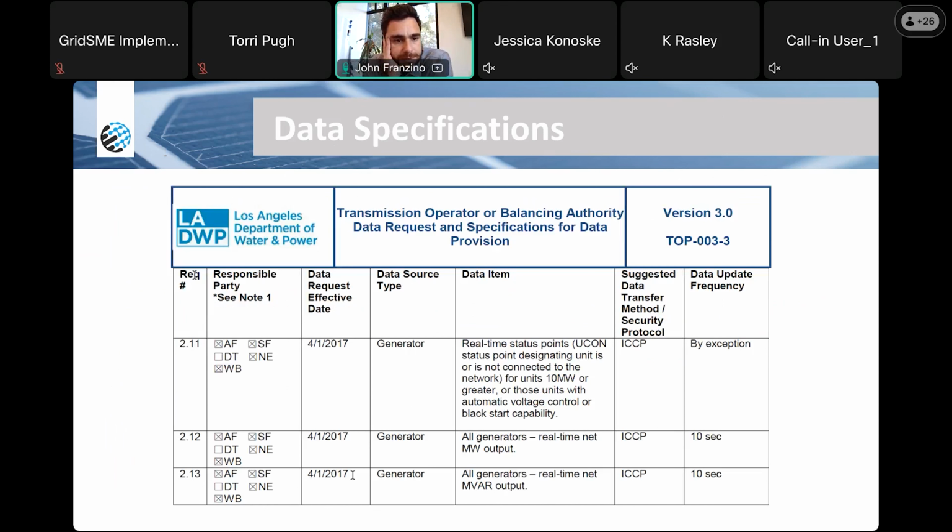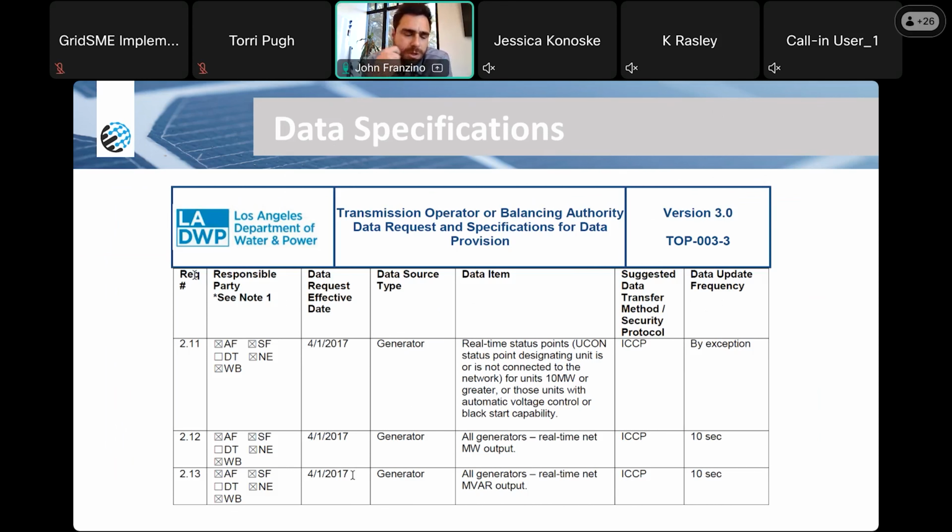And seeing LADWP suggesting requesting ICCP, Inter-Control Center Protocol, communication or data transfer about the facility status to their systems, again, so they can be monitoring real-time status and make decisions around contingency planning, etc.